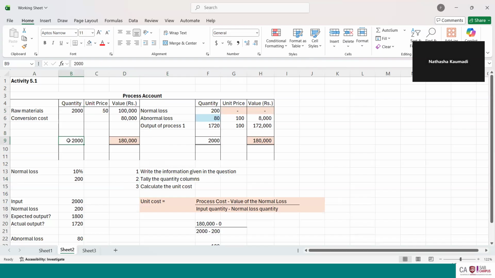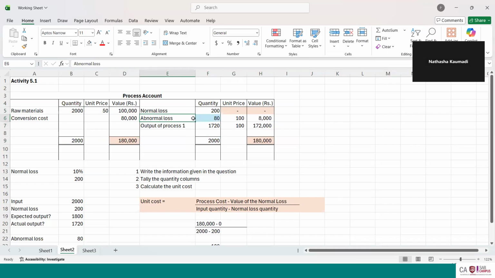So we double line quantity and value columns, but we tally quantity columns first. So you tally the quantity columns, and then if you can remember, 80 units are less here. This is 2000, this is 1920. And then you can see 80 is missing.